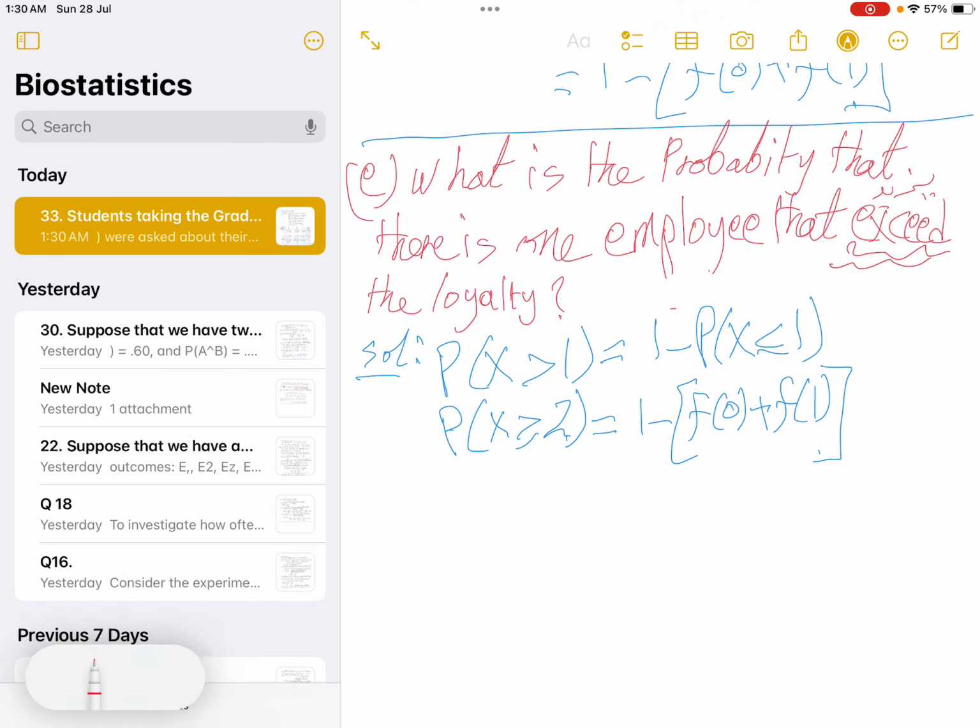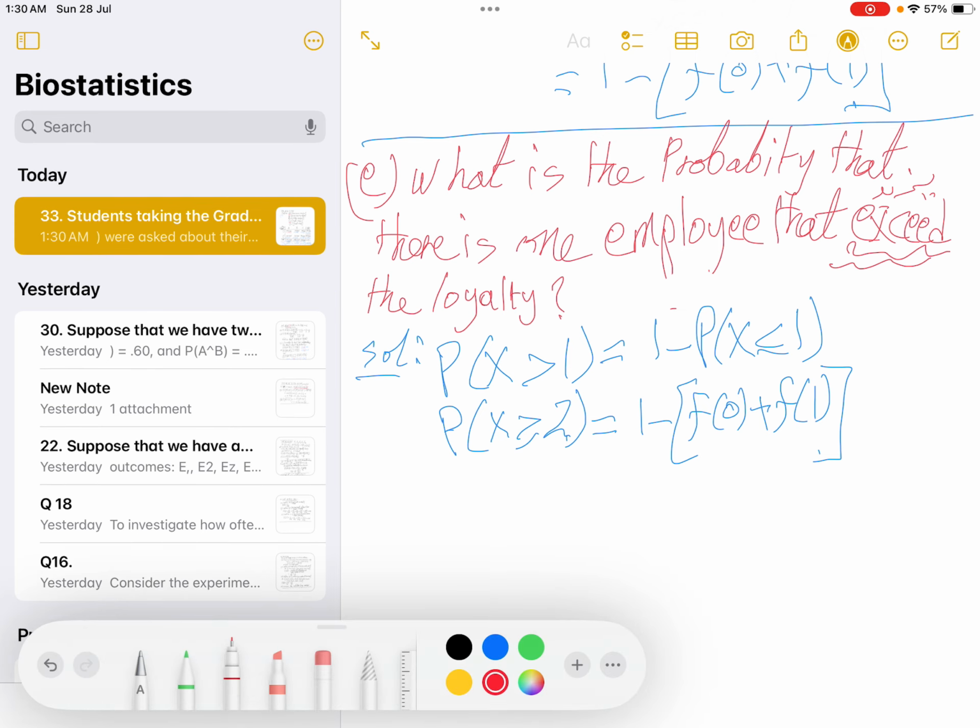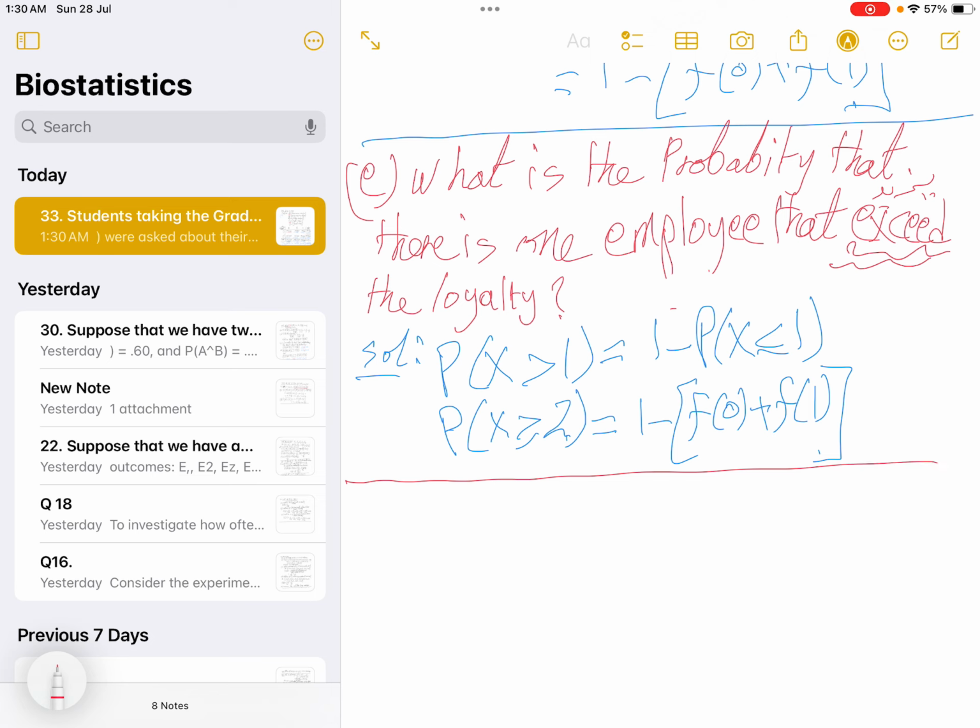Suppose I want to ask you to find the mean and the standard deviation.